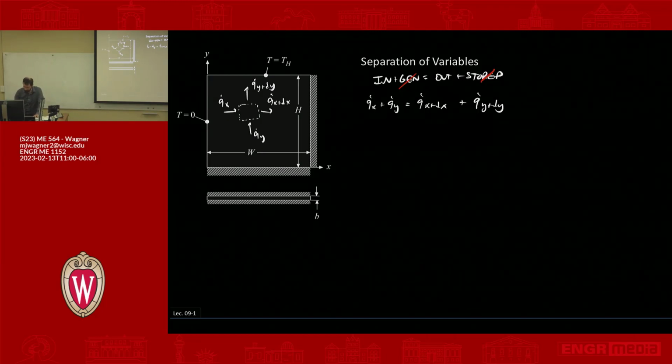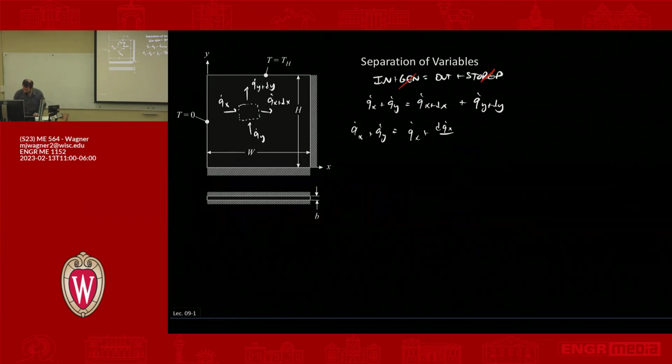That's going to look like this. Q dot x plus q dot y is equal to q dot x plus q dot x. Oops, let me be careful. Now we have two independent variables, so this is no longer an ODE.